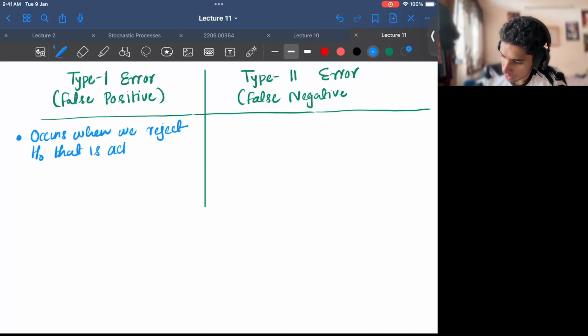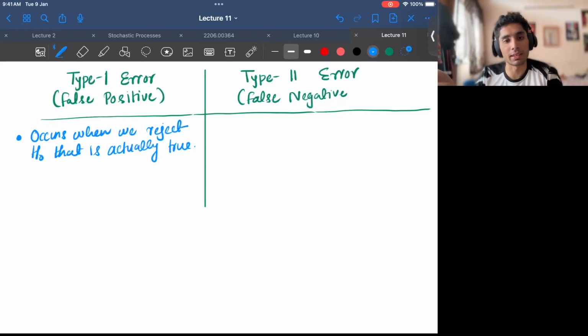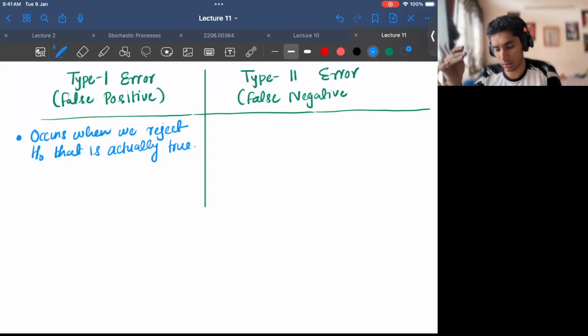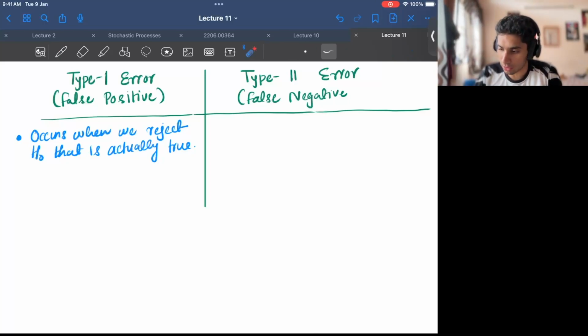In other words, we conclude that there is a significant effect or difference when there is none in reality. There is a default assumption, and you're saying that this default assumption is not true, when actually in reality the default assumption is true. That is why you call it a false positive. The null hypothesis is actually positive in the sense it's true. However, you are saying that it's false. This is what we mean by false positive.